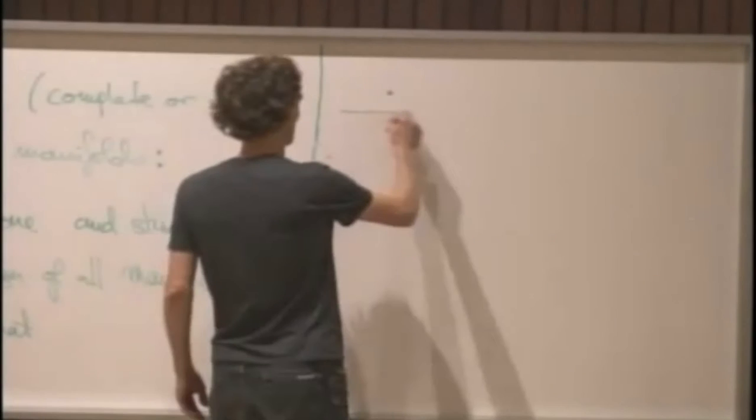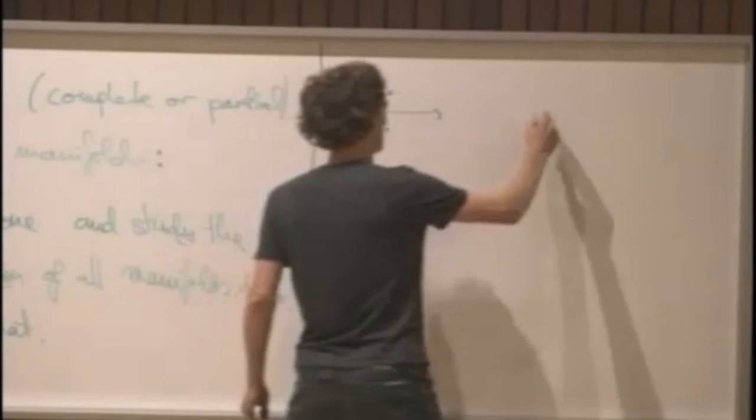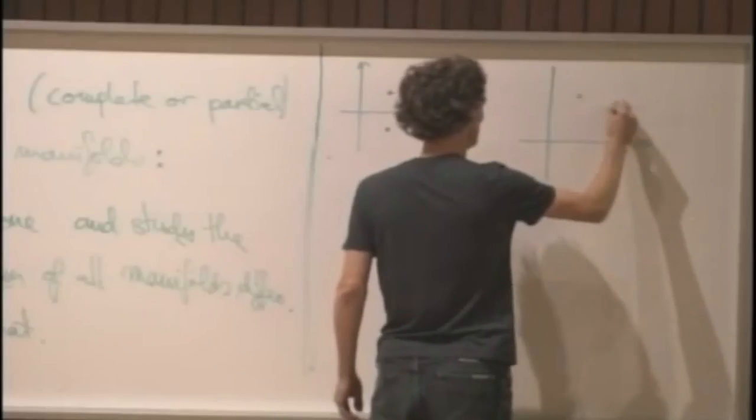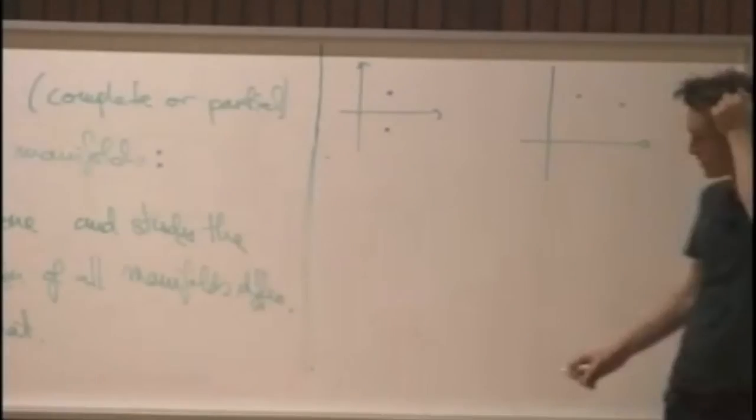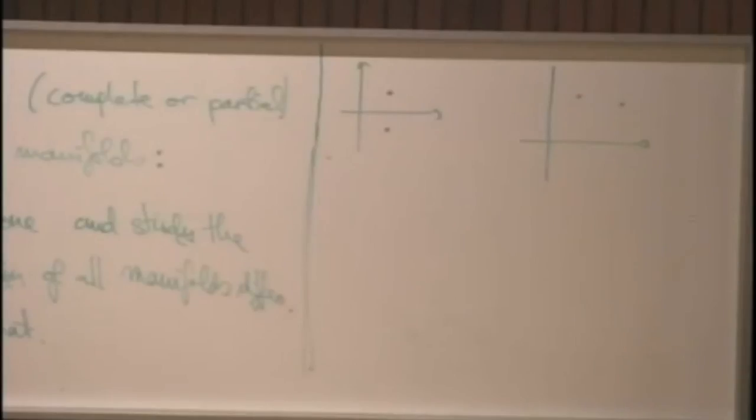Here's one, a subset of the plane. And here's another one. The collection of all of them forms a kind of space called, in this context, a configuration space, but more generally I'd like to call it a moduli space.